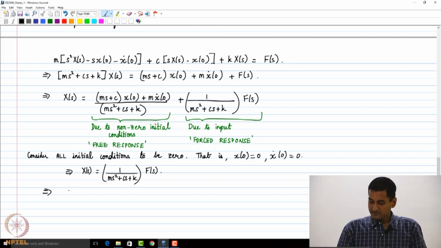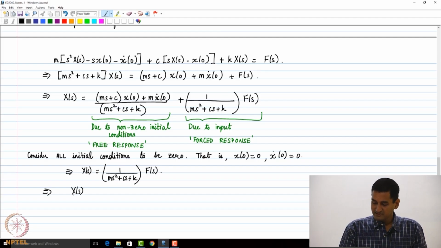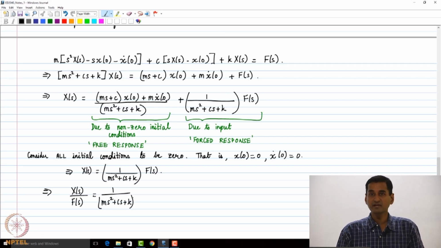So this implies that X of s divided by F of s is going to be equal to 1 divided by ms squared plus cs plus k, okay?